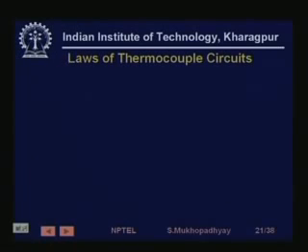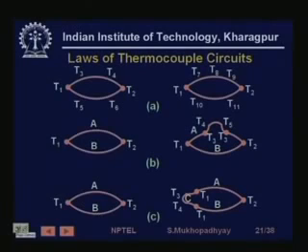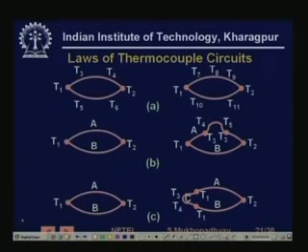There are various laws of the thermocouple circuits which make the thermocouple a very useful instrument. For example, the first says that the EMF is only dependent on the junction temperatures. So T1 and T2. Even if there is T3 here, T4 here, T5 here, these arbitrary temperatures can exist, but as long as the junctions are at T1 and T2, the EMF is going to be the same.